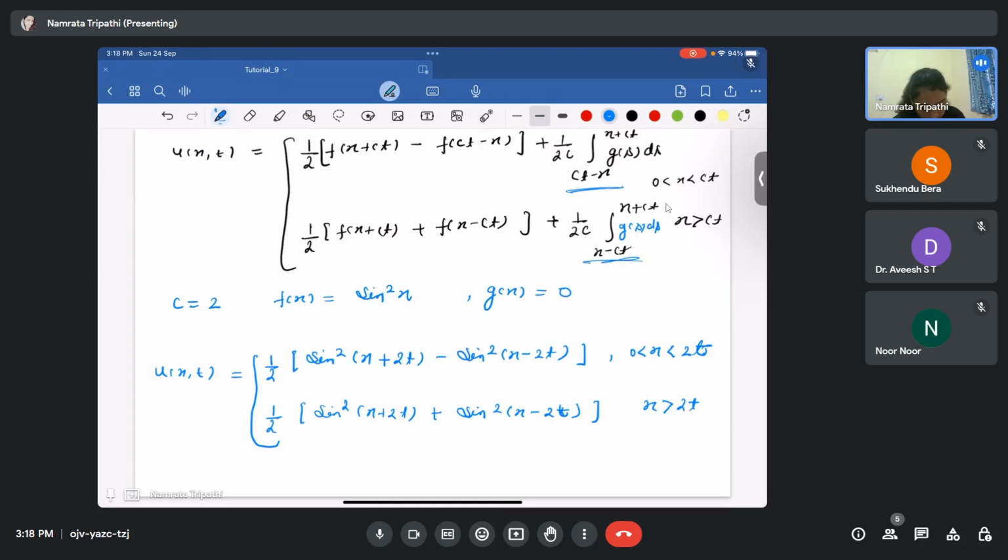Okay, next question. Is there any doubt in this question? What is the integral of g of s?